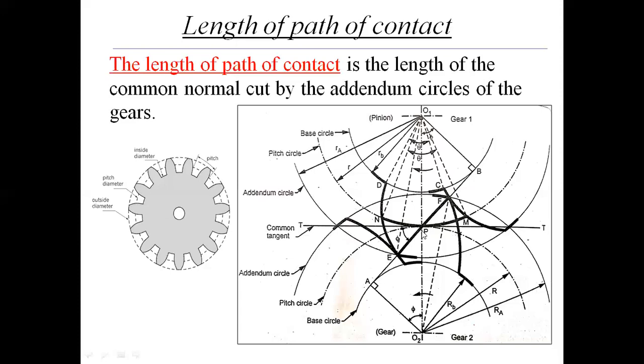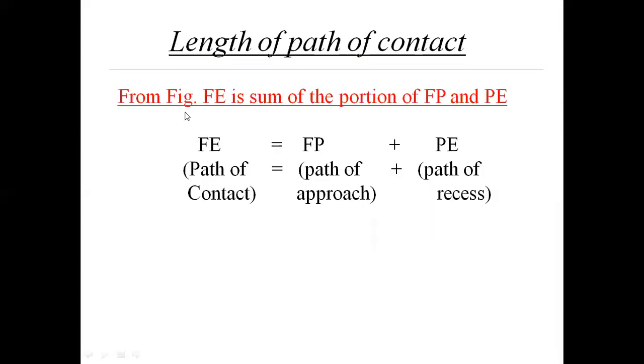From the figure, FE is the summation of the portions PF and PE.